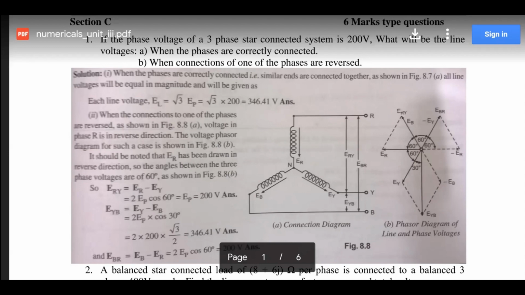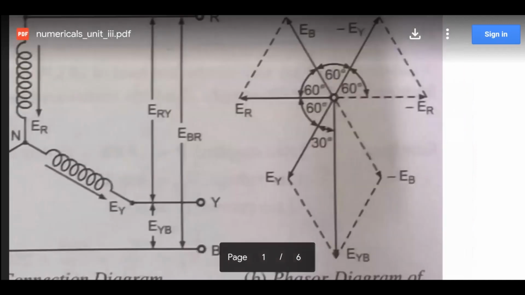Reversed, what do you mean by reversed? We mean that it is changed by 180 degrees. So this is the new situation as shown in the diagram.